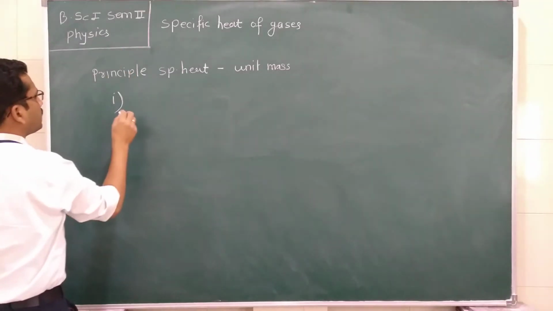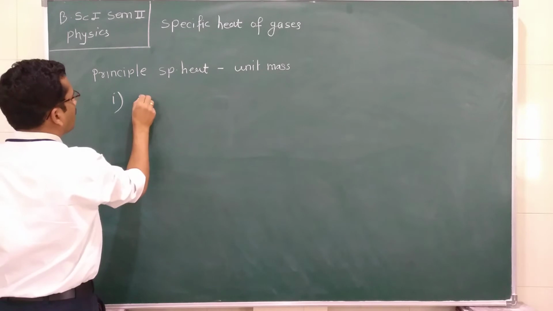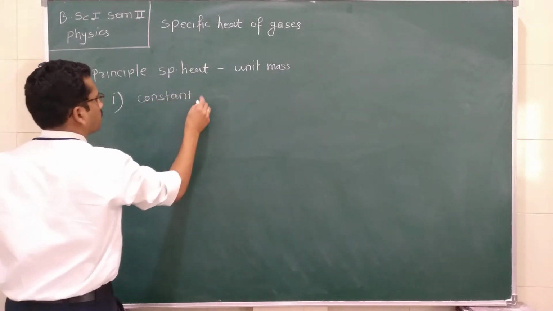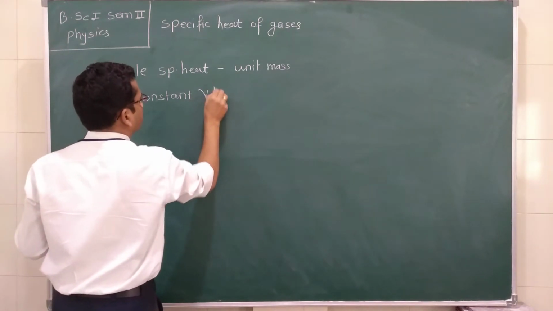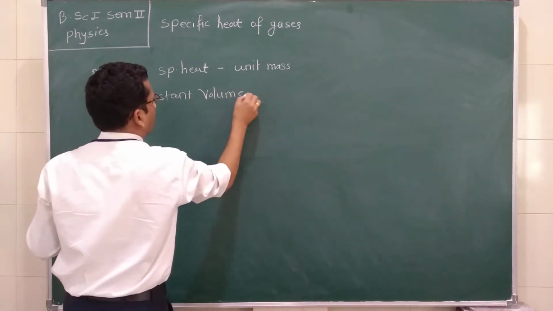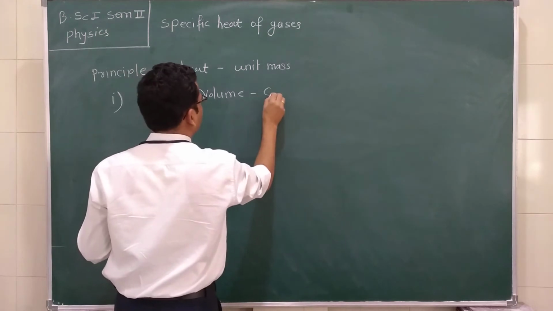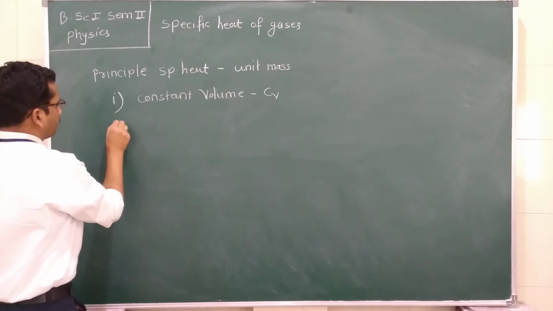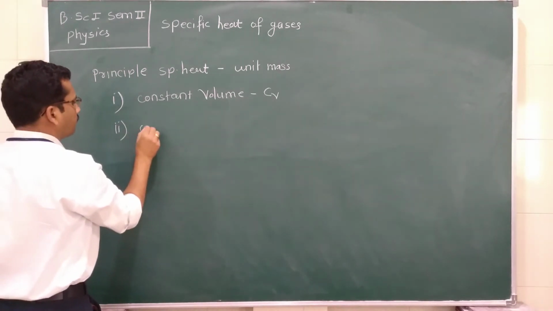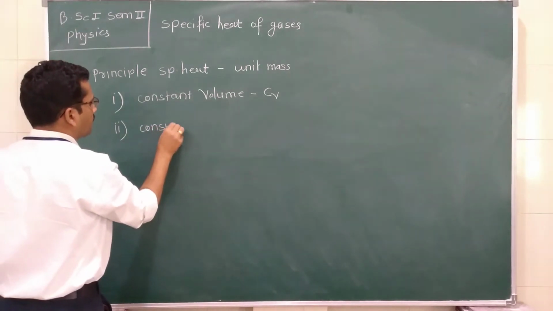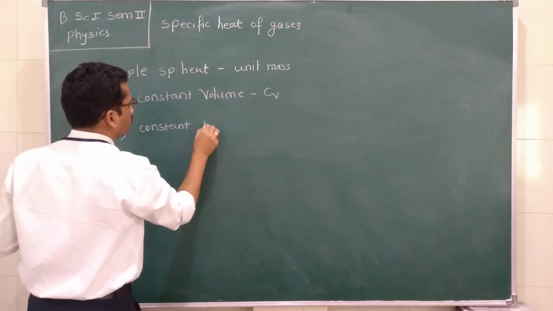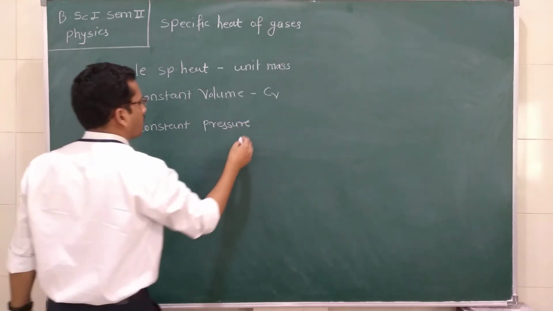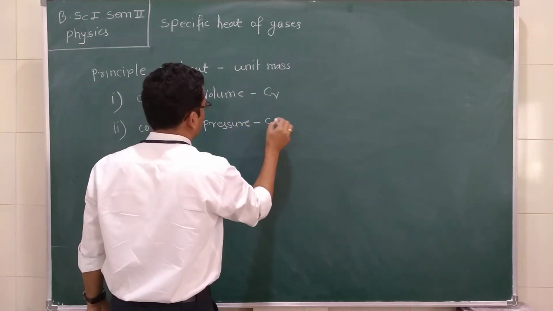The first part is called the principal specific heat at constant volume, which is denoted by Cv, C suffix V, and principal specific heat at constant pressure, it is denoted by Cp.